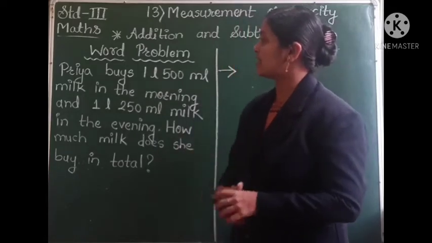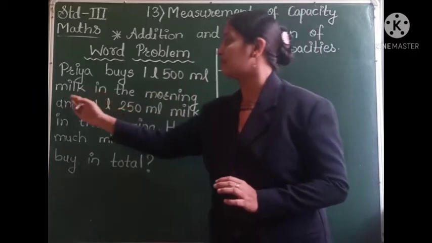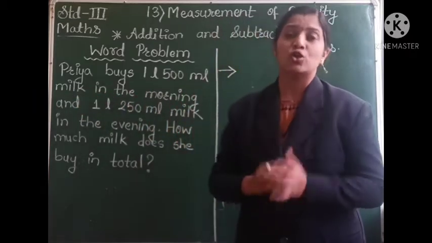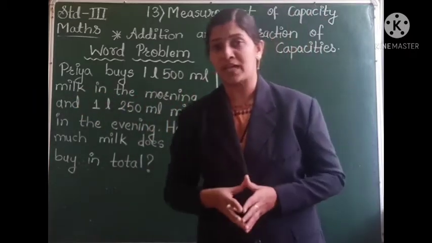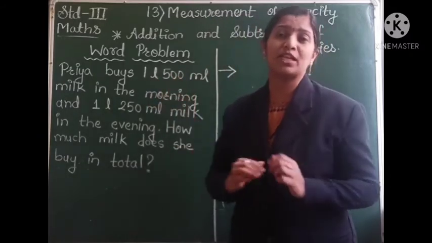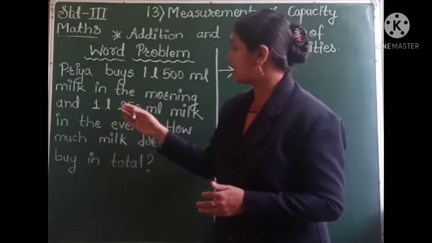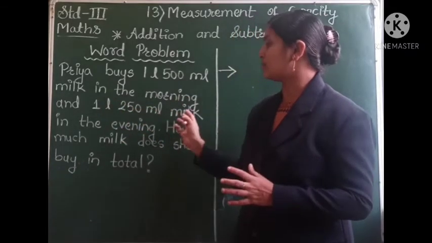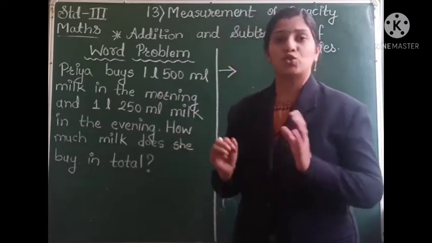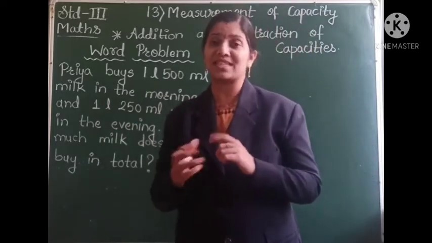You can see here, Priya buys 1 liter 500 milliliter milk in the morning. So there is a girl whose name is Priya. She buys 1 liter and 500 milliliter of milk in the morning time and 1 liter 250 milliliter milk in the evening. So she buys milk in both the times, in the morning as well as in the evening.